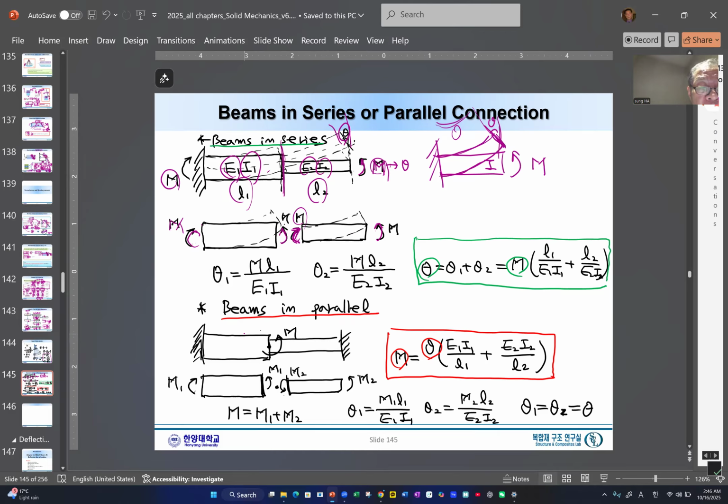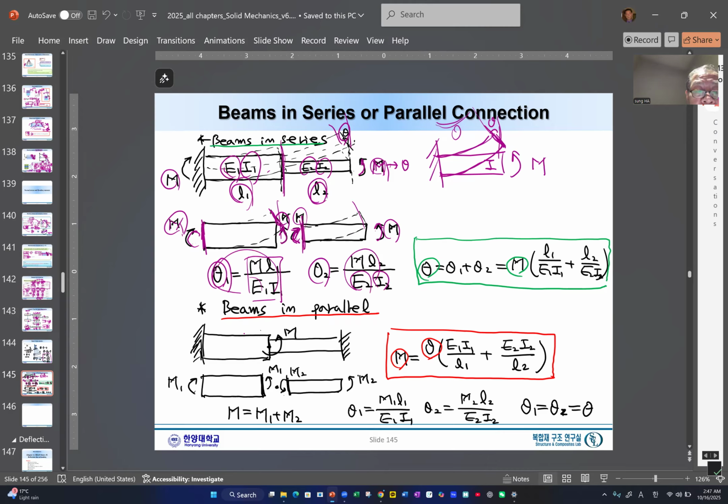This moment and moment, the theta angle, theta one, relative to this section, the rotation of this is theta, relative to this is given as like this: moment, L1, and E and I. And same here, when we apply the moment, the theta 2 with respect to this one will be moment and L2 and E2 and I2.